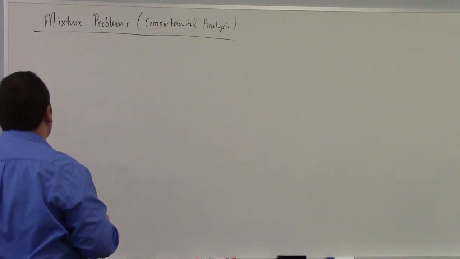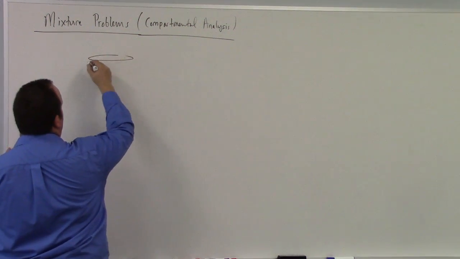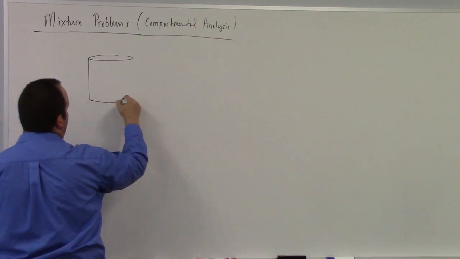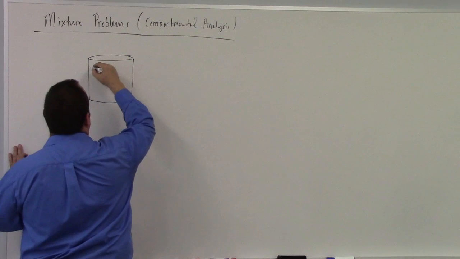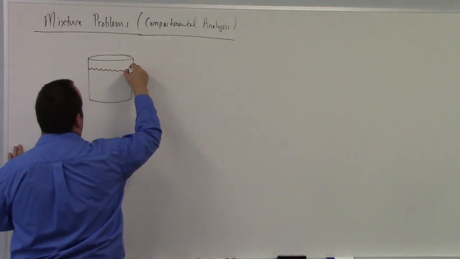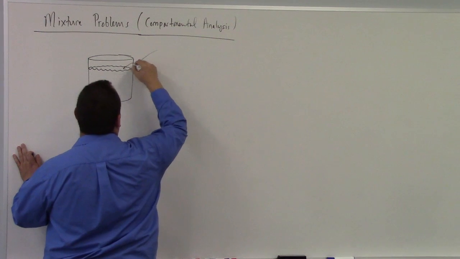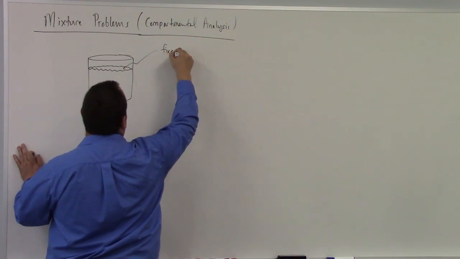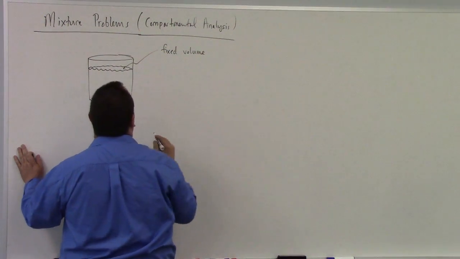You have something like a big tank, right? And to keep things simple to start with, we'll suppose that this has some fixed volume of water, all right? Of course, it doesn't have to be water. It could be something else, but fixed volume.